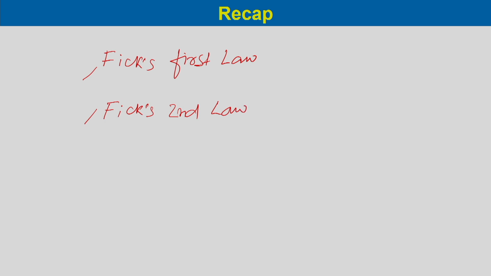In steady state diffusion, we discussed Fick's first law, and in the second case we discussed Fick's second law, which is applicable for unsteady state diffusion.